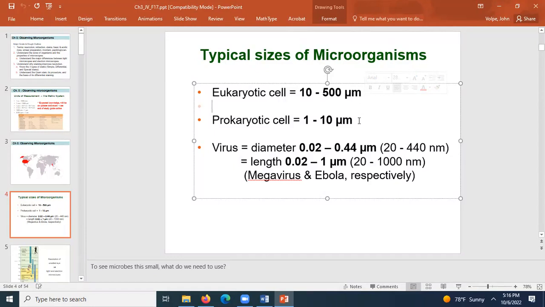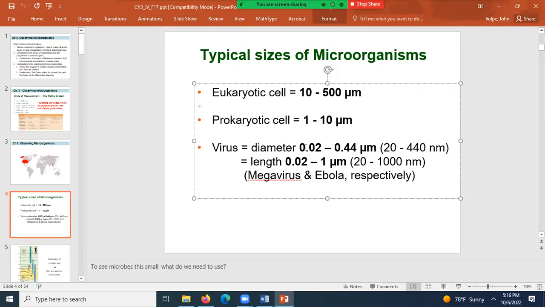Viruses are smaller than that, and they're about 10 times smaller than a prokaryotic cell. The smallest virus is about 0.02 micrometers in diameter, and the largest virus is about 0.44 micrometers in diameter.